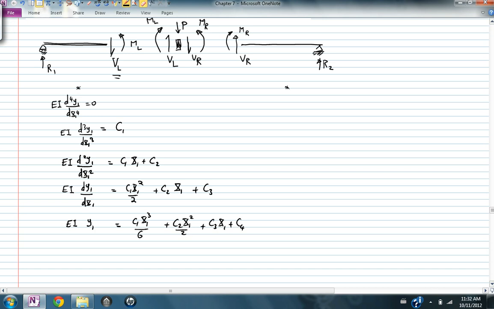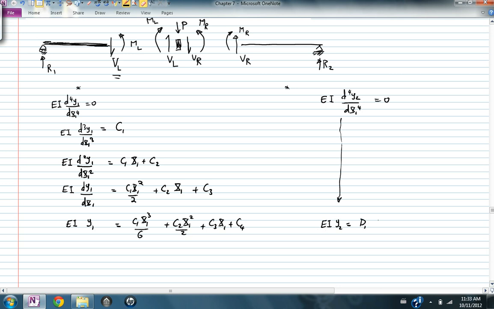So on this portion of the beam, the displacement function has those four constants, C1, C2, C3, and C4, that we need to find from the boundary conditions. On the other side, there's another displacement function. I'm going to call it y2. And doing the same thing, I'm going to get EI y2 is equal to, instead of C1, C2, C3, C4, I'm going to call them D1.